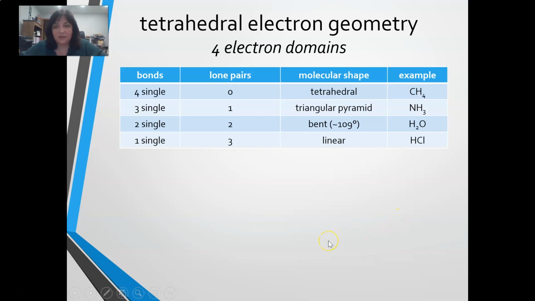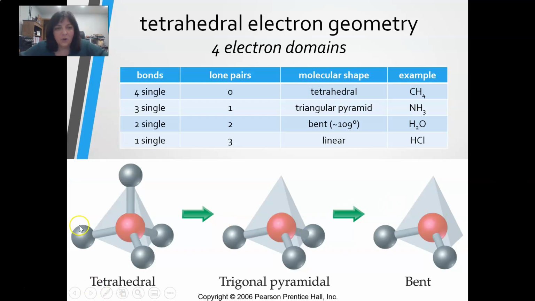Or something like HCl, which is linear, because 3 of them are non-bonding. And again, I don't have one of those here because it's simple enough. Okay, so if I have a tetrahedral, 4 bonding domains, if I take one of those bonding domains away and make it a lone pair, I get pyramidal. If I take another one of those domains away, now I get bent.